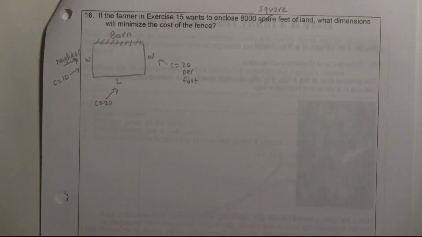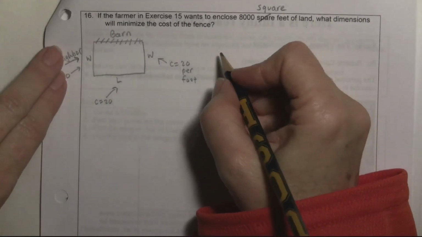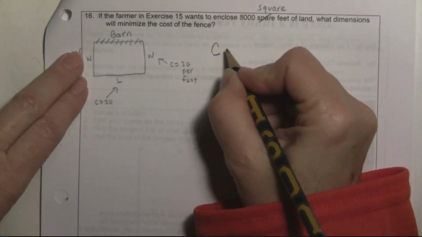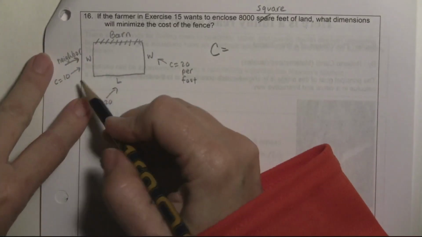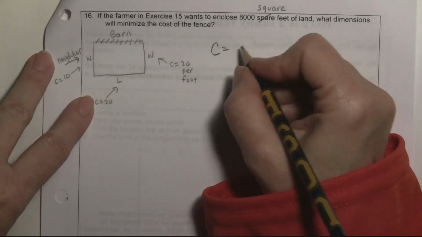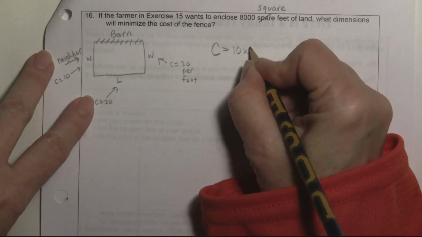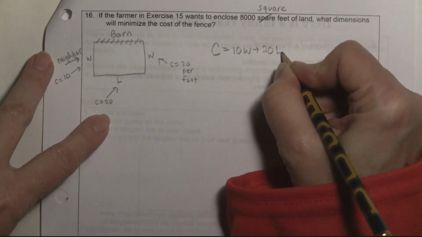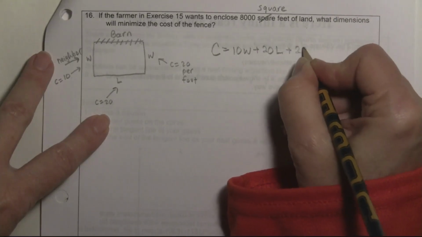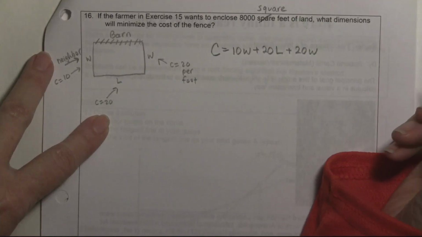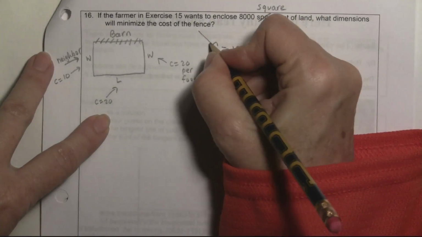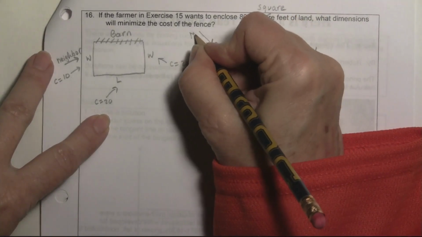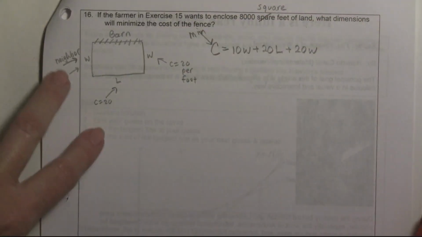And so this time, what we're wanting to do is minimize the cost. So let's just write an equation that goes with the cost. So the cost would be 10 times W plus 20 times L plus 20 times W. And we actually had already done that in the last problem, right? And we want to minimize this cost.